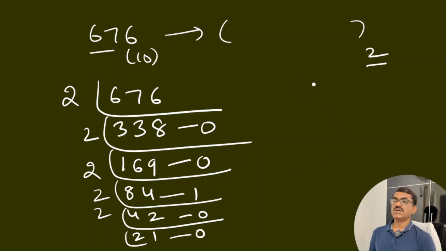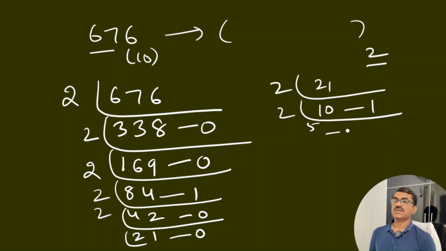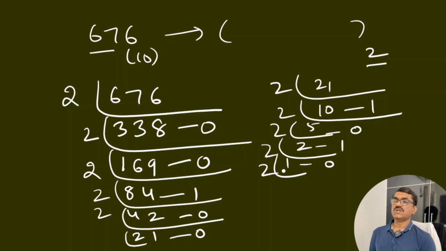Here 2 10s are 20, the remainder is 1. 2 5s are 10, the remainder is 0. 2 2s are 4, the remainder is 1. 2 1s are 2, the remainder is 0. 2 1s are not divisible, but divide with 0 here, the remainder is 1. So what are the values we have?